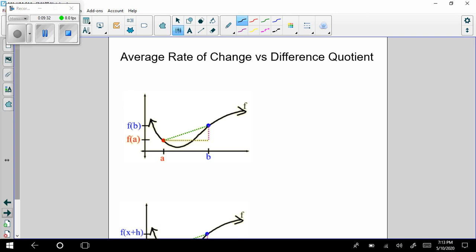Okay, so average rate of change versus the difference quotient now. So this first graph is showing us average rate of change. This point is A and f of A. This point right here is B and f of B. So average rate of change is simply the slope of the secant line from A to B, which is what we just looked at.